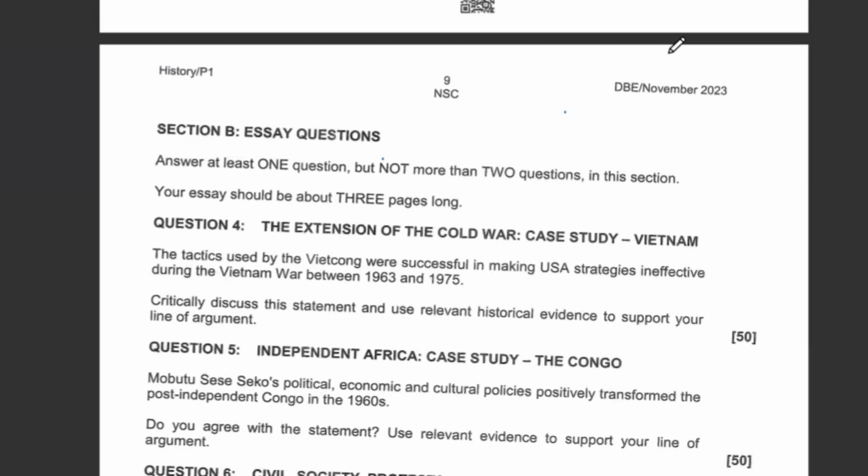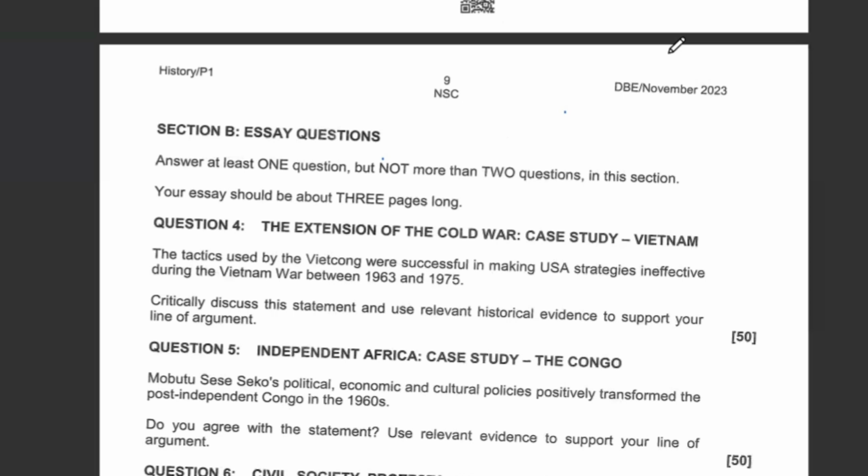by the US. And we have given an explanation of the guerrilla warfare. And when we are now linking our paragraph to the line of argument, we want to relate the guerrilla warfare to the fact that it was successful and it also contributed towards the ineffectiveness of American strategies.